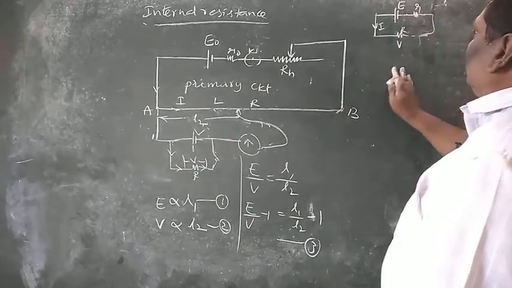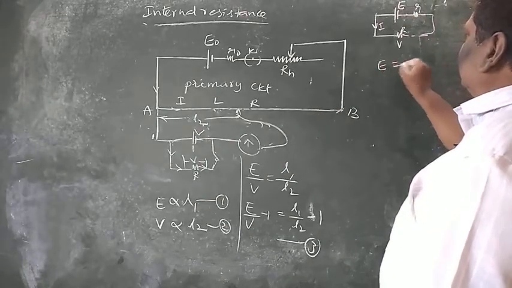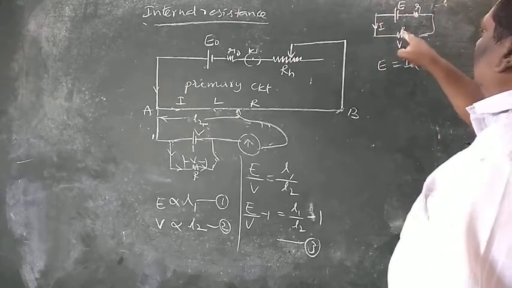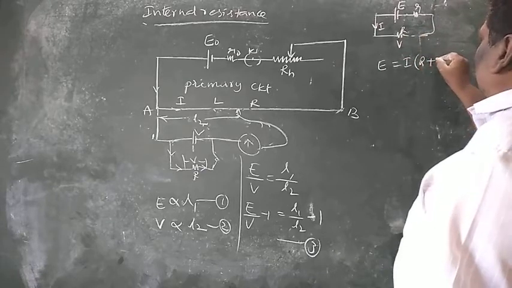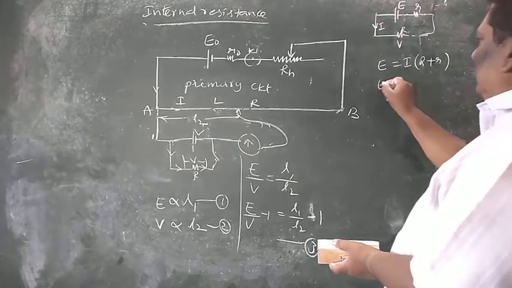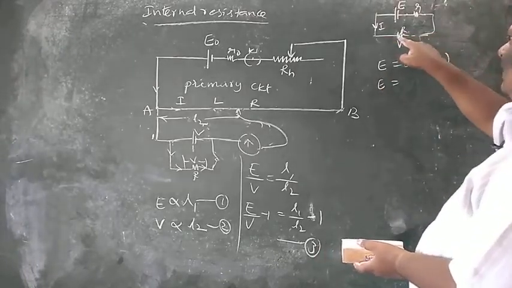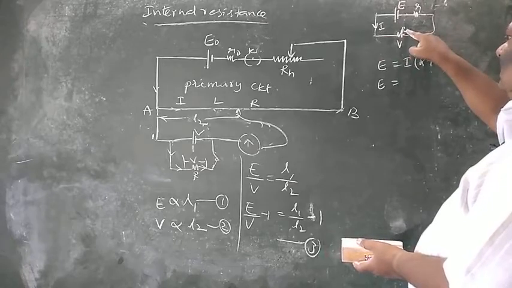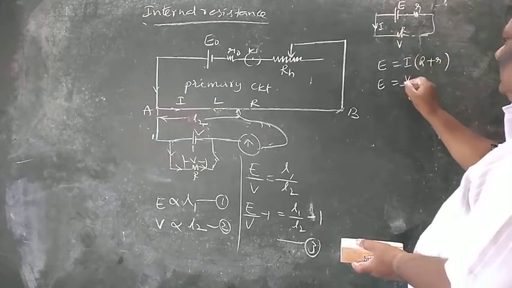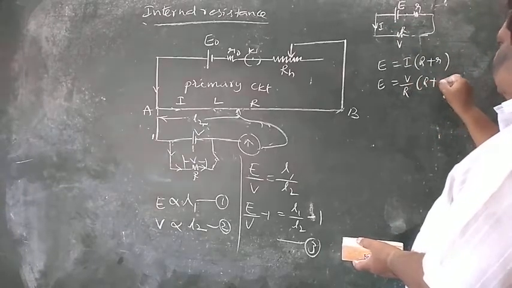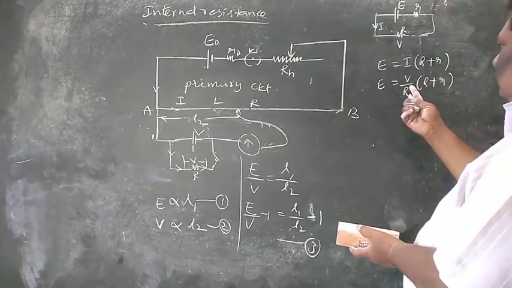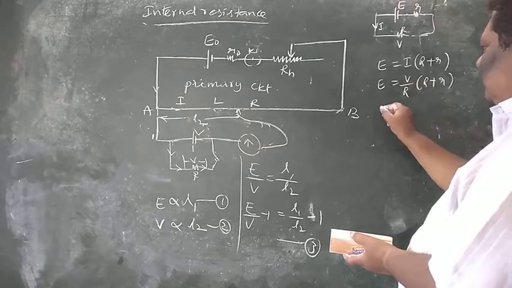From this circuit, what happened here? E is equal to total current into total resistance, r plus R. Here the current is I, voltage V, resistance R, so I is V by R. You transfer this V to this side, what happened?